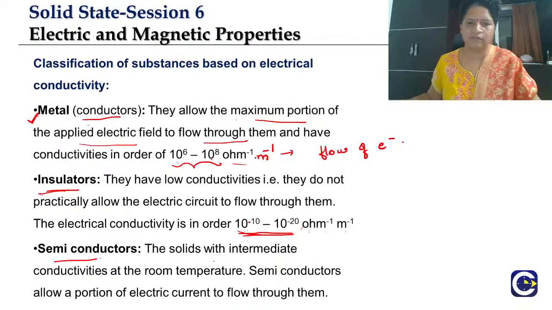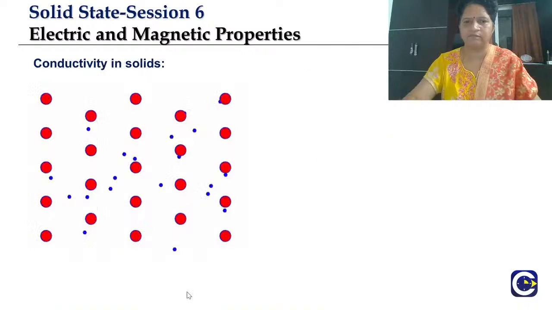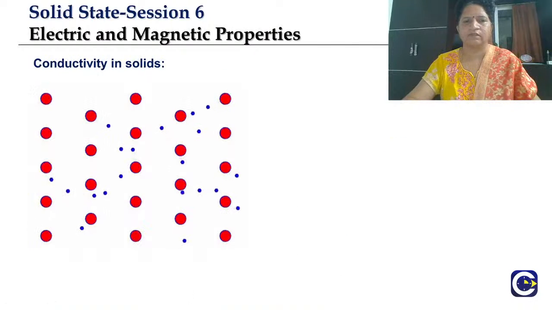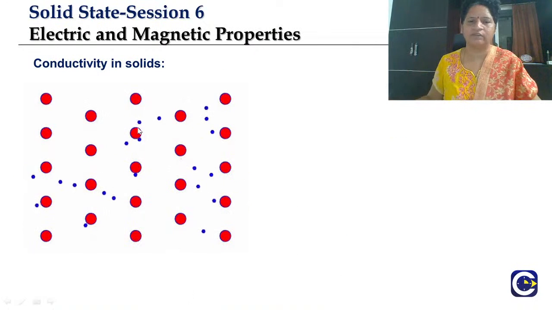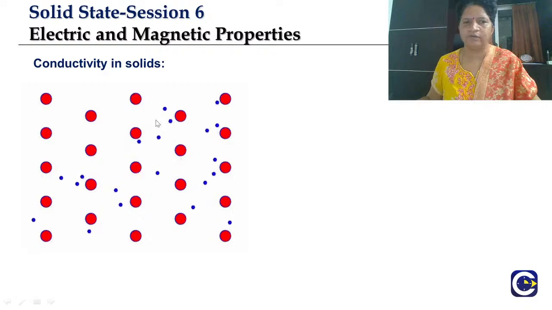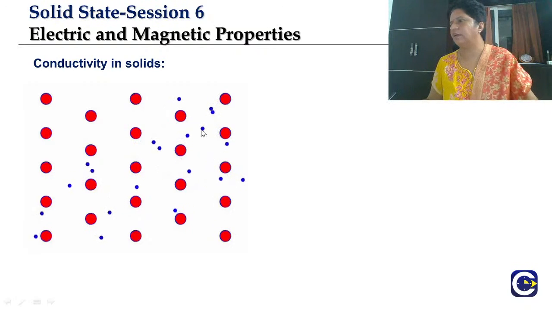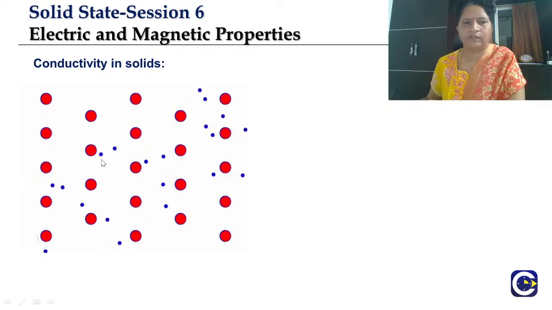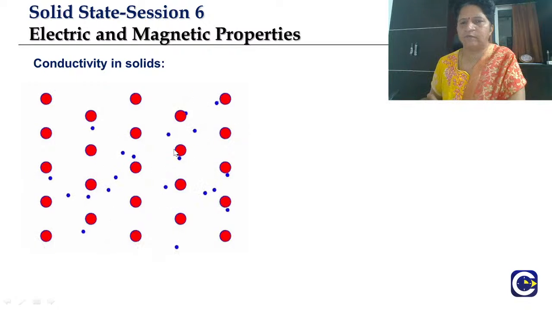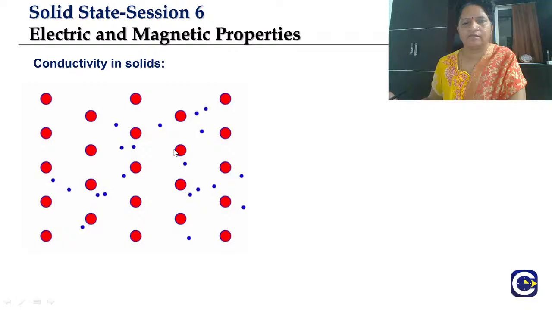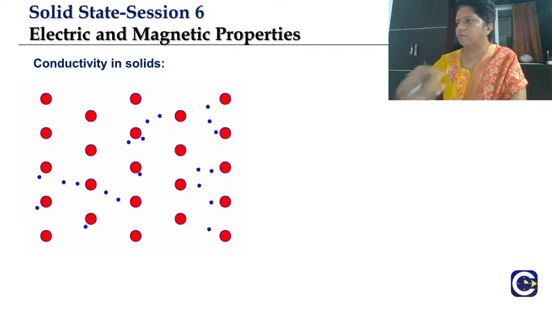The solids with intermediate conductivity at room temperature, semiconductors, allow a portion of electric current to flow through them. So how does conductivity in solids happen? Due to movement of electrons. See how the electrons are moving. Are you able to see?